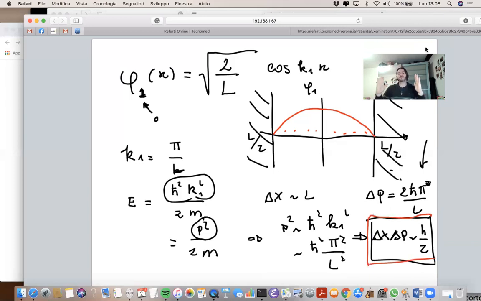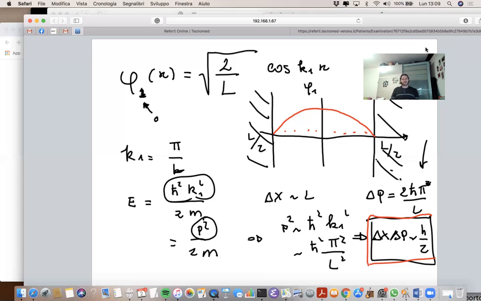The more I shrink my uncertainty over position, the larger I make the uncertainty over momentum. In the opposite limit, when I make the uncertainty of the position large because I'm getting a wider and wider box, the kinetic energy gets to 0, and I'm getting, as a matter of fact, lower and lower uncertainty on the momentum.